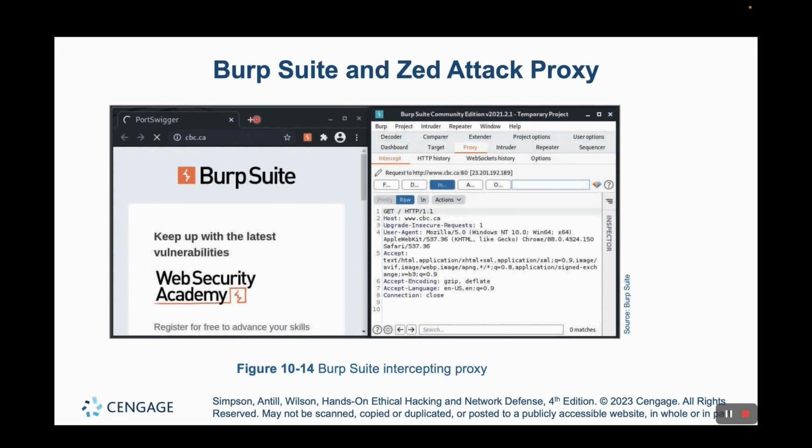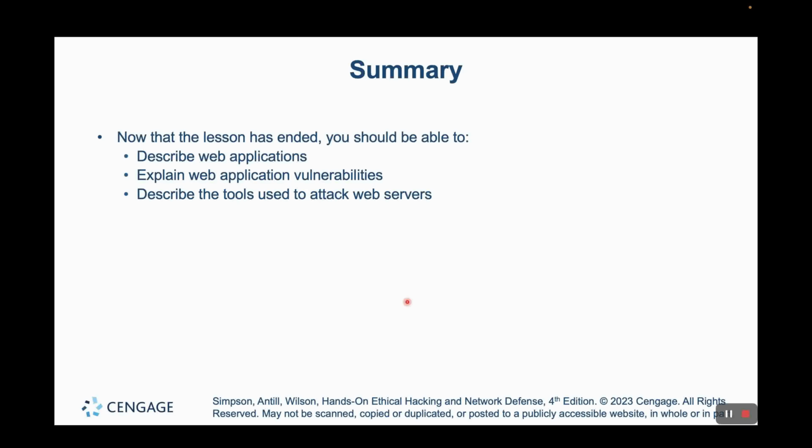Here's just a screenshot of an intercepting proxy. Like I said, you can modify whatever you want in it and then forward it to the server to test the server. And finally, the session has ended, and we went over and learned about describing web applications. We explained web application vulnerabilities. We described the tools used to attack web servers.